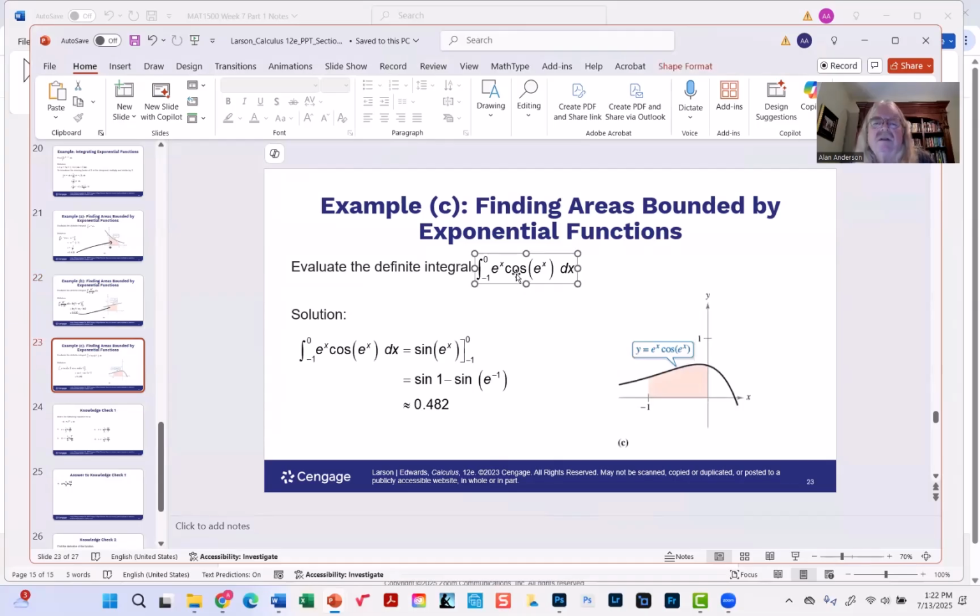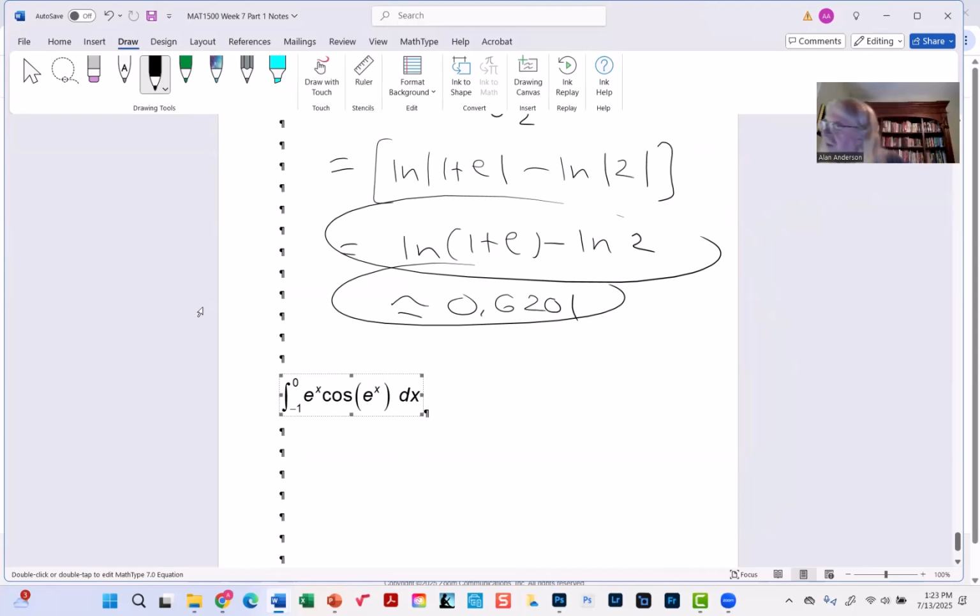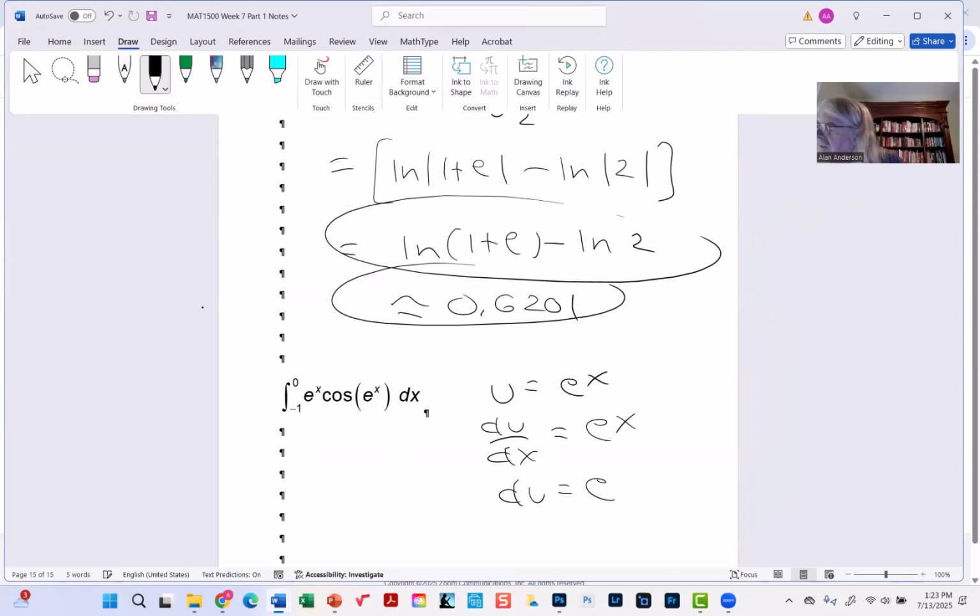And what about this one? All right. Let's see. What should we do about u? Well, let's just let it be e to the x, then du dx is e to the x, and du is e to the x dx.